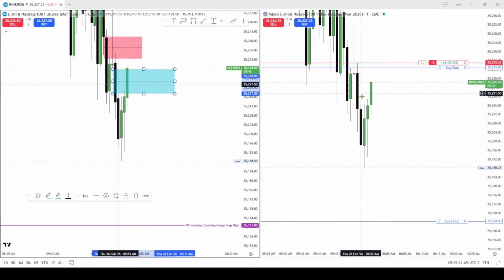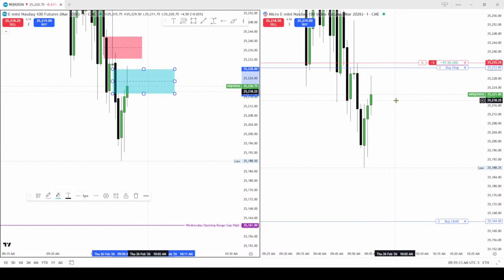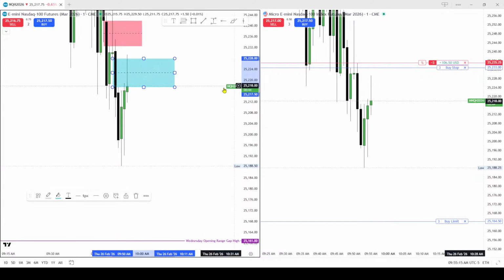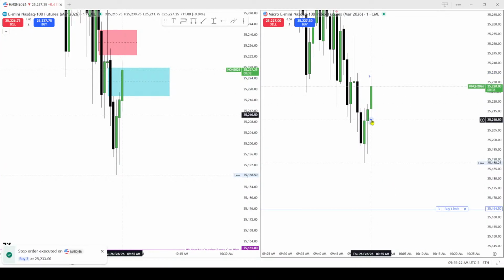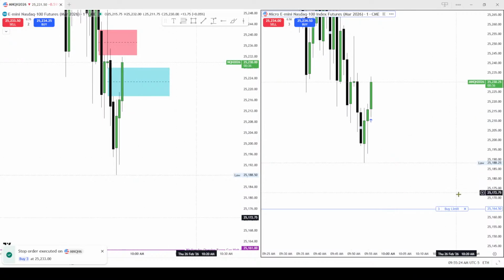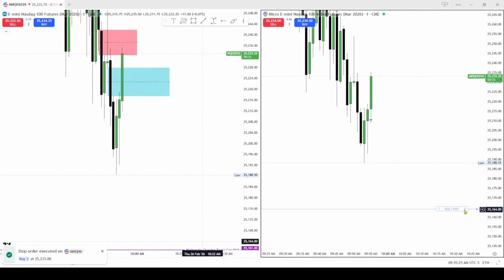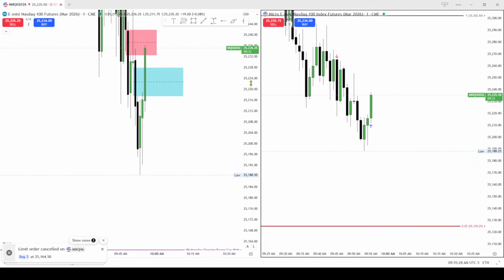Again, the worst thing that can happen is I get stopped in profit or just at break even, but my stop is pretty much protected, just above the high of that fair value gap. And that would be it there, pretty much stopped at break even, and that would be it for this trade.